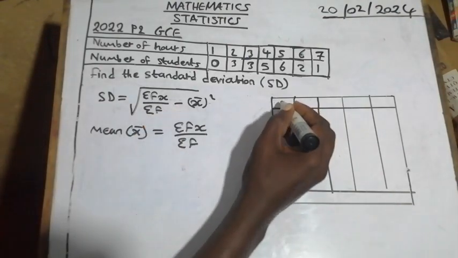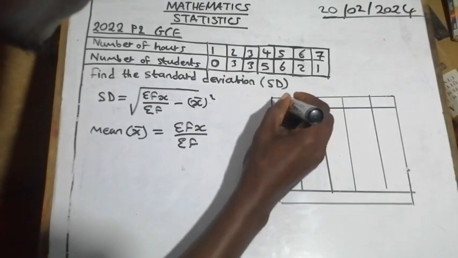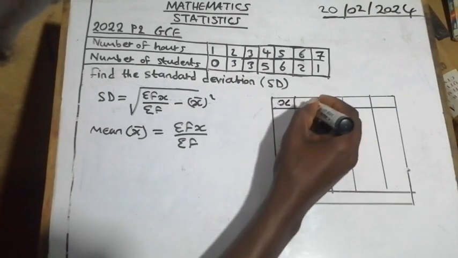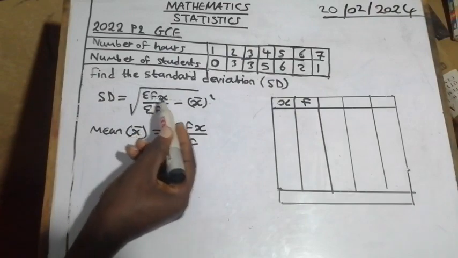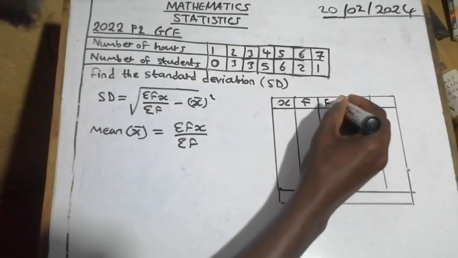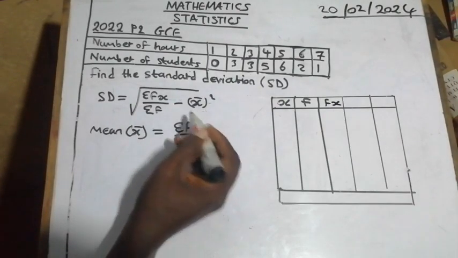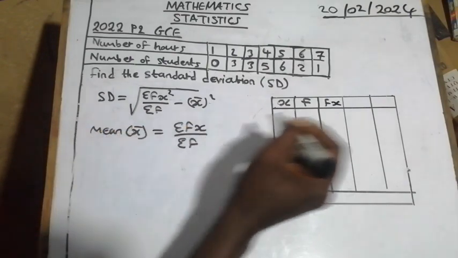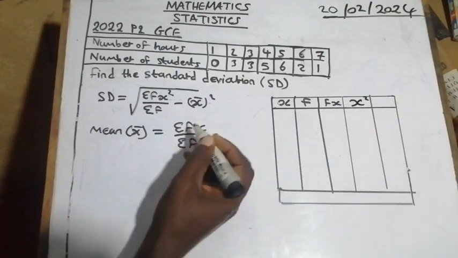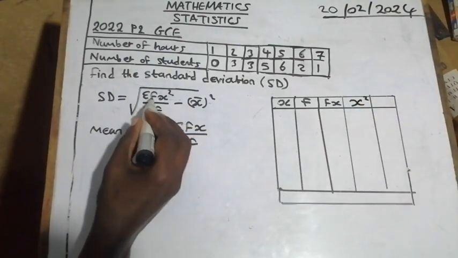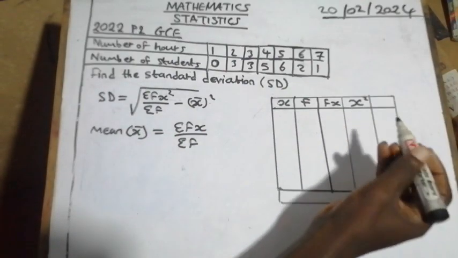So we have x, so we write x here, followed by frequency. Then we need the column for fx, then also a column for x squared, and then a column for fx squared.